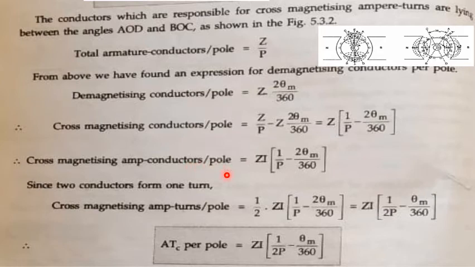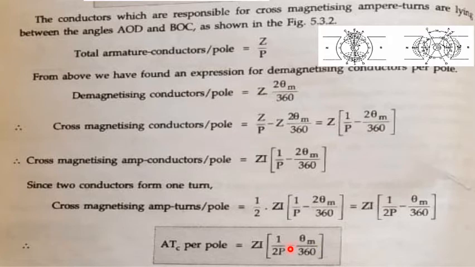Since half is multiplied with this equation, we get half Zi (1 by P minus 2 theta m divided by 360). Removing the common factor 2, the cross magnetizing ampere turns per pole is Zi into (1 by 2P minus theta m divided by 360 degree).